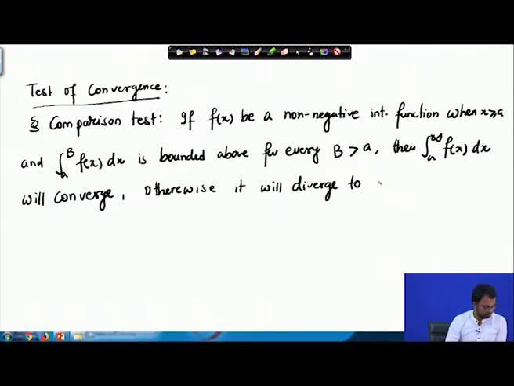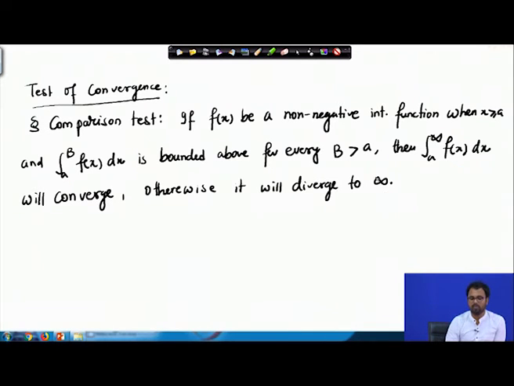So what it says is that if we have a non-negative function f(x) which is integrable for x greater than or equal to a, and the integral from a to b, where capital B can be treated as the upper limit of this range of integration, is bounded, then for every b greater than a, this integral from a to infinity will also converge.